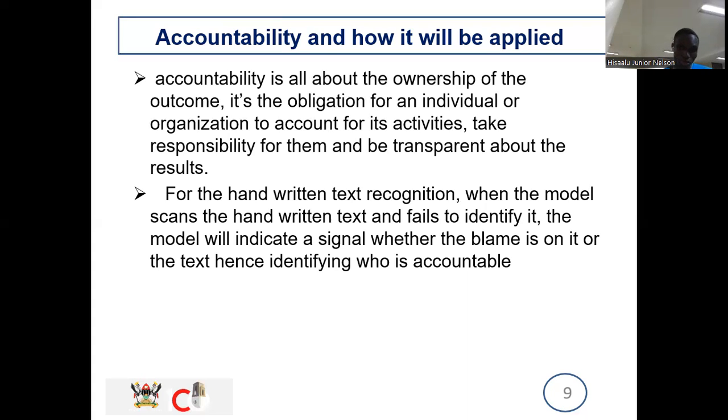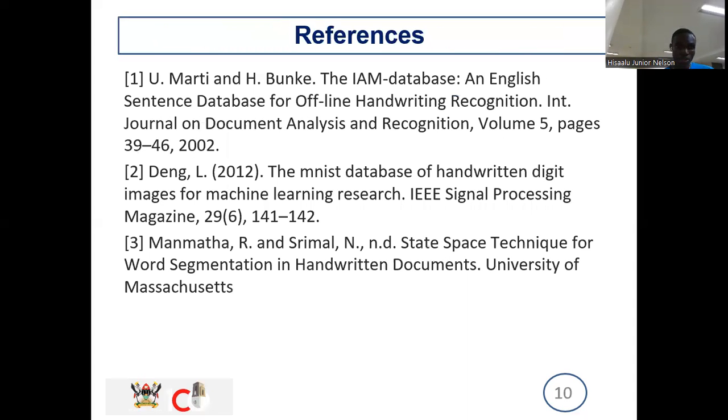Will it be the model which has been trained, or will it be the environment I'm interacting with, which is human? So these are some of the references to my AI project as the outcome.